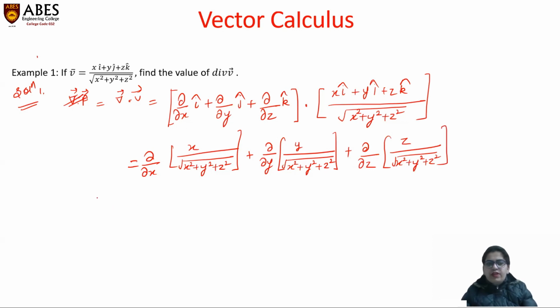So when we are taking the partial derivative with respect to some variable, then only that variable will be considered as variable. Except that variable, every other variable will be considered constant. Like in our first case, the variable considered will be only x. Y and z will be considered as constant.